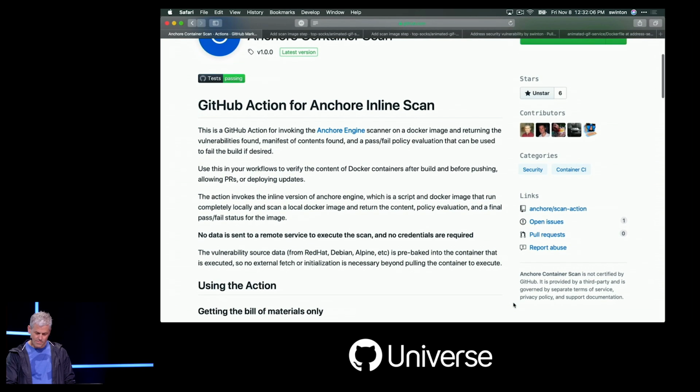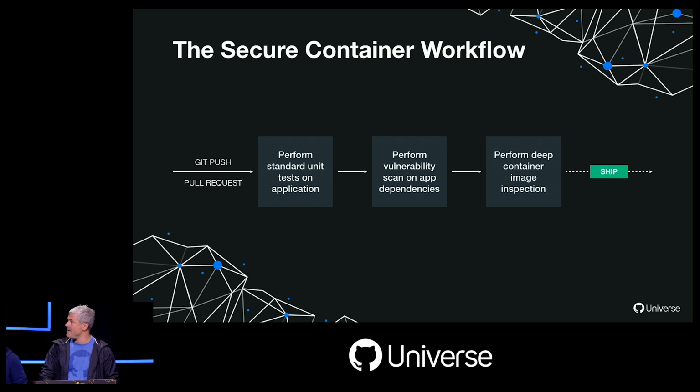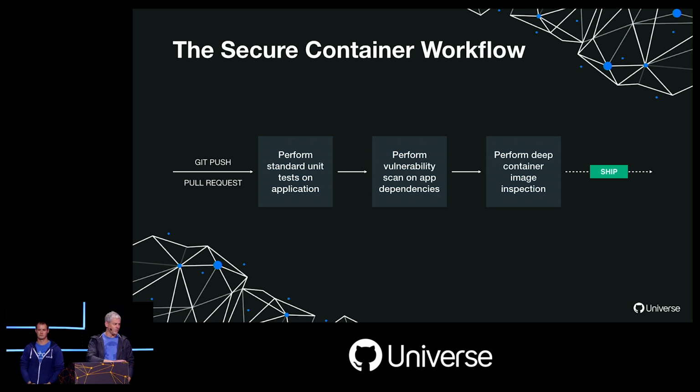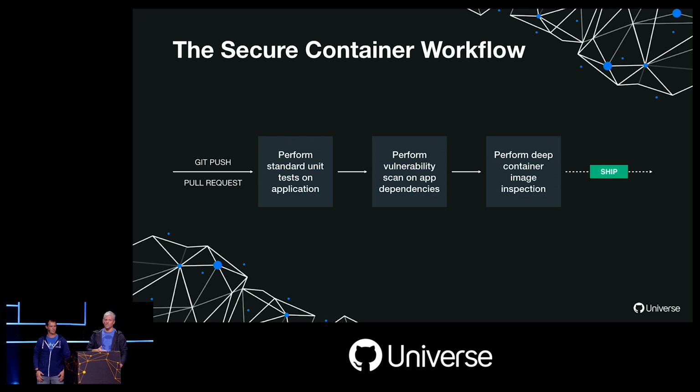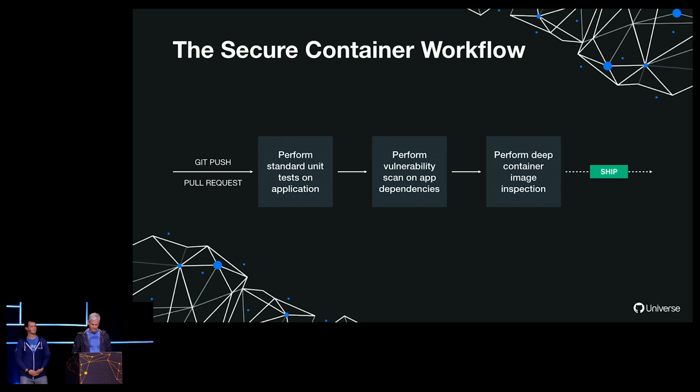So just to take a step back for a moment and to review what we just saw there, this is kind of the secure container workflow that we would advocate as a best practice. So what we've shown is on every push and every pull request, we're doing our standard unit tests on the application itself.